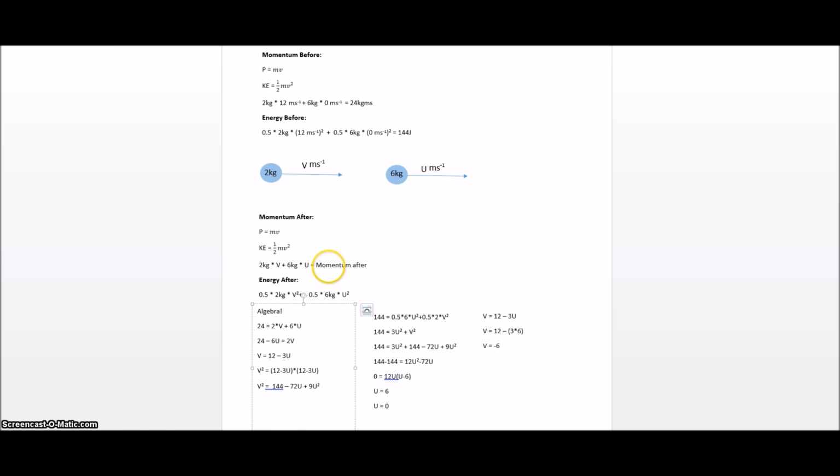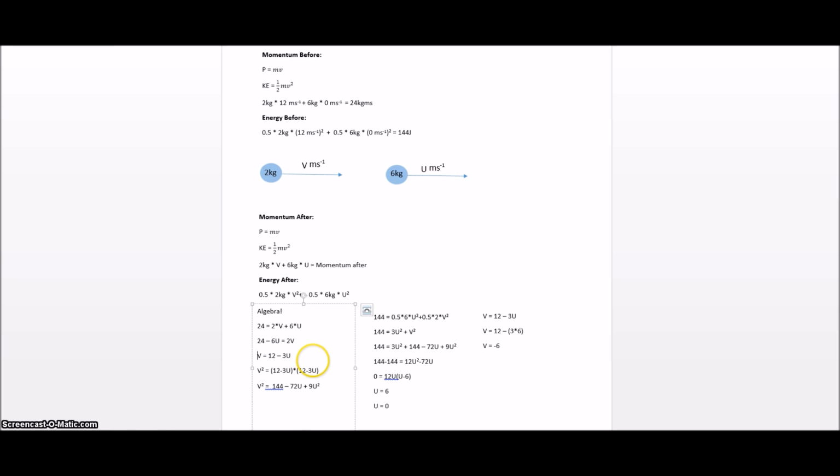So, we can equate the momentums and say that 24 equals 2 times v plus 6 times u, because we know that the momentum before is equal to the momentum afterwards. We can minus 6u from both sides, and we get 2v equals 24 minus 6u.